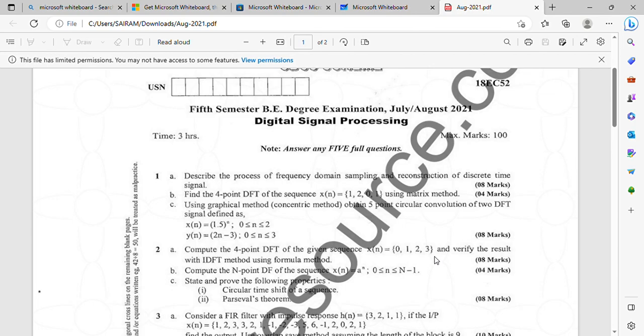So the same IDFT process you are going to make use of, and you're going to solve all the others without fail. What you have to do is first substitute the same 1 by 4 into the W4 matrix.